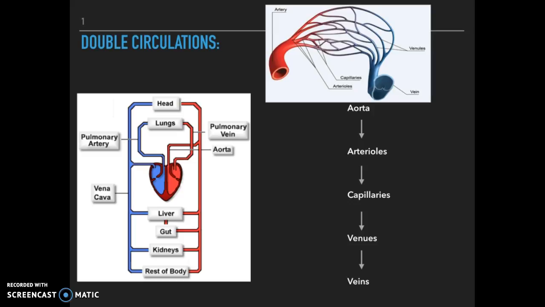It enters the lungs, and then the arterioles feed out to tiny capillaries surrounding the alveolus, which is where the diffusion will happen of the oxygen and carbon dioxide, and then it's returned back to the heart fully oxygenated to the left atrium, where it's going to be ready to be pumped out.